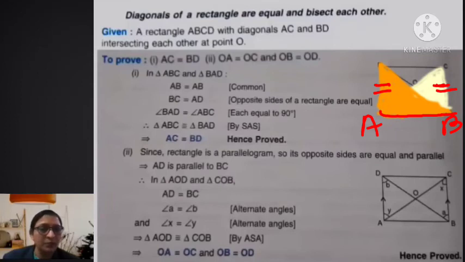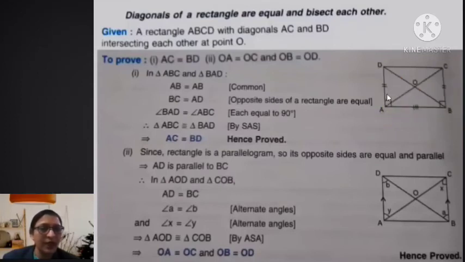Angle BAD equals angle ABC, which is 90 degrees. All the angles of a rectangle are 90 degrees. So the two triangles are congruent by the side angle side test. Hence it is proved side AC is equal to side BD, which are nothing but the diagonals of the rectangle.